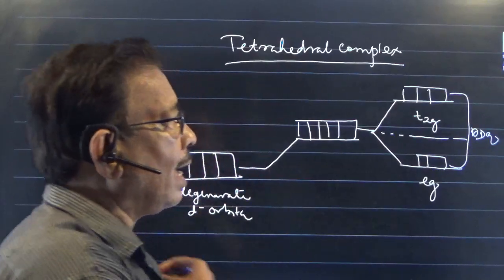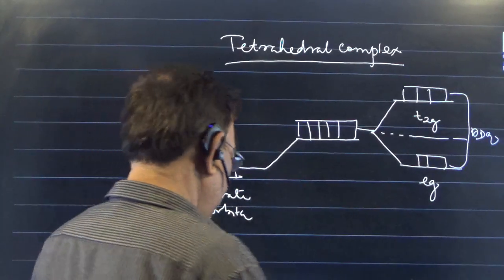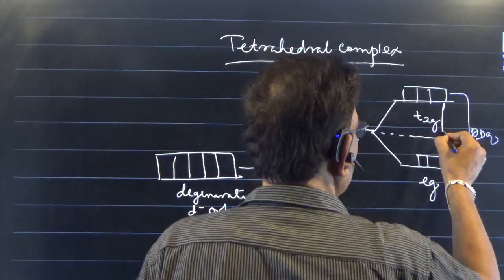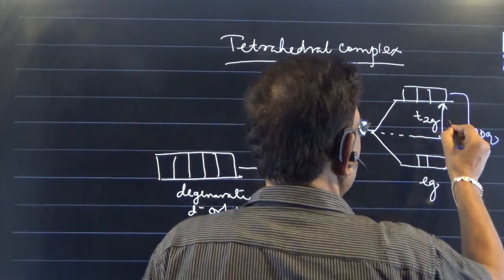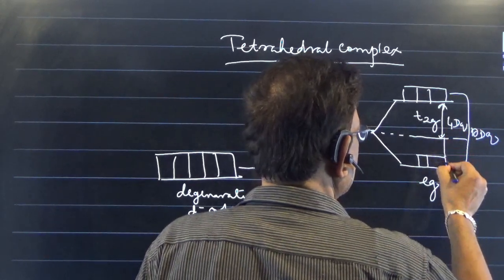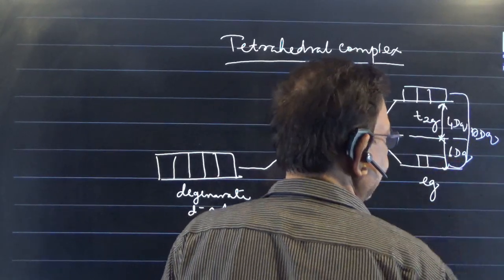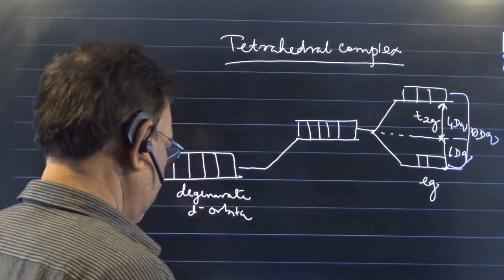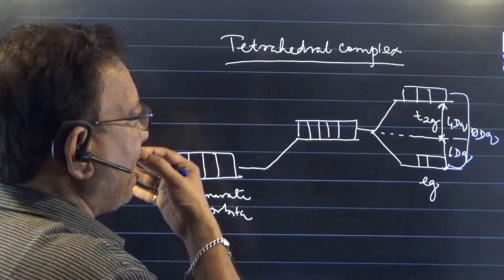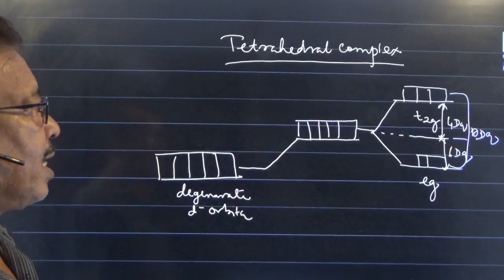Now the energy gap will be how much? This is 4 dq and this is 6 dq. Completely the opposite. This is tetrahedral.